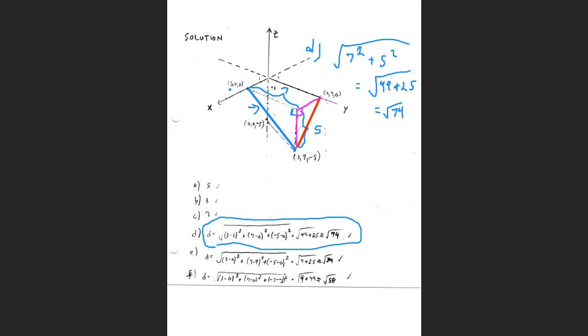This distance is 5, and this distance here is 3. So for E, we want this hypotenuse distance. For E, that's going to be the square root of 5 squared plus 3 squared, and that's going to equal the square root of 34. See how we're doing that?